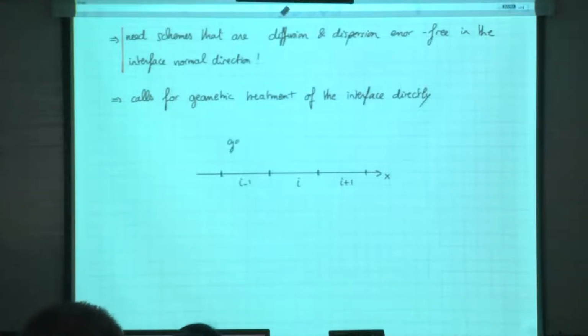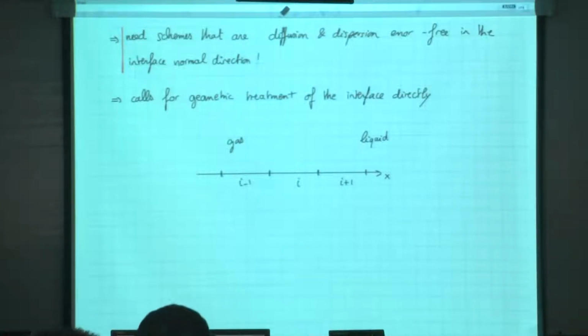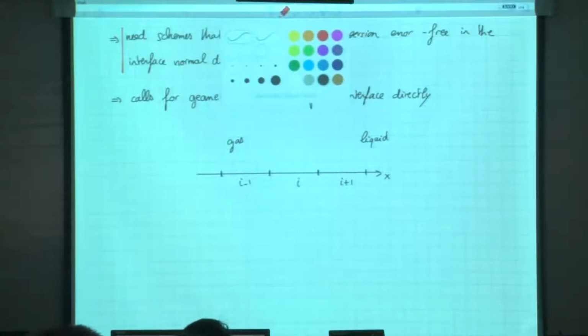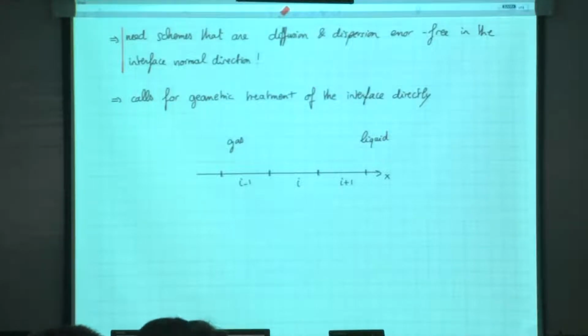This is going to be gas. This is going to be liquid. If I have now the information of where the interface is located, okay, so that's a big if, and we'll have to work on that. Let's say my interface is located right here.